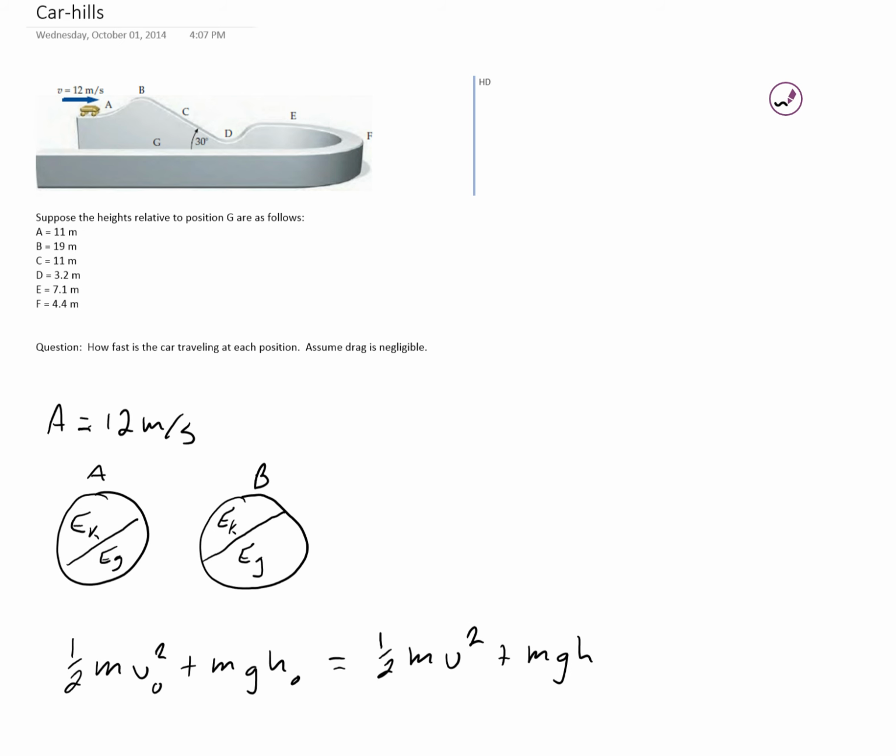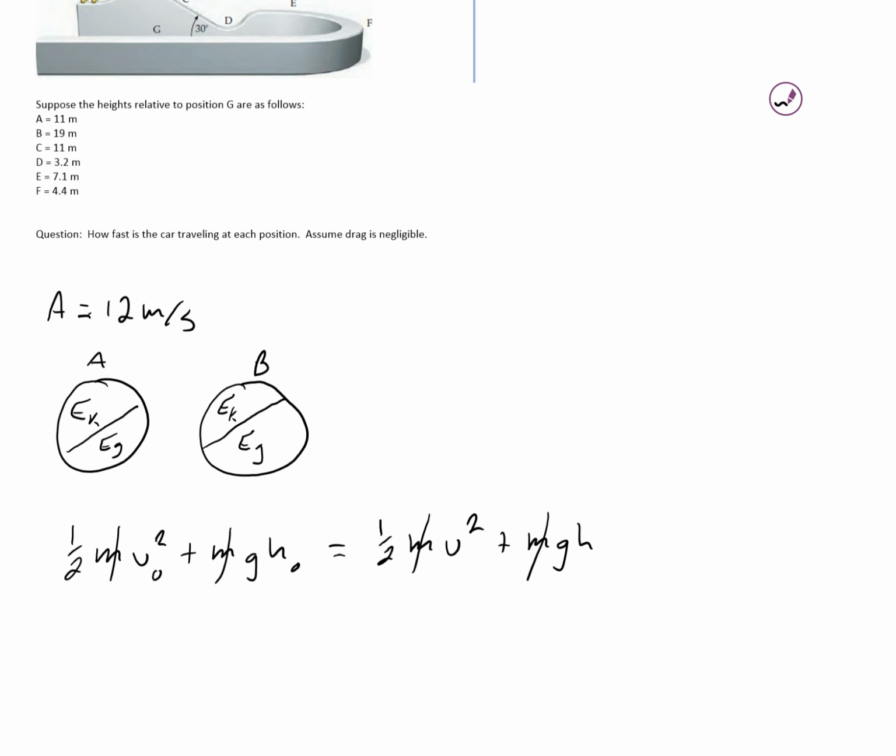Notice on both sides m we can get rid of, which is why the mass of the car wasn't given. But I do have initial height, final height, and initial velocity. So the only thing I don't know is that final velocity. Solve for that final velocity.